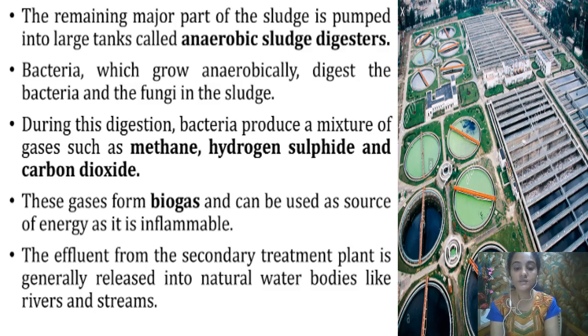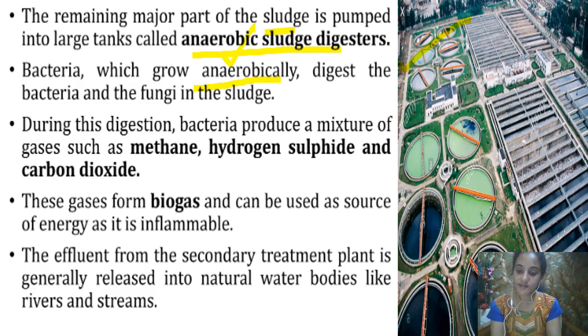Clear? So what are these anaerobic sludge reactors? You can see here, I've seen some pictures, anaerobic sludge digesters. These are digested by anaerobic bacteria. That's why the term anaerobic has been given.